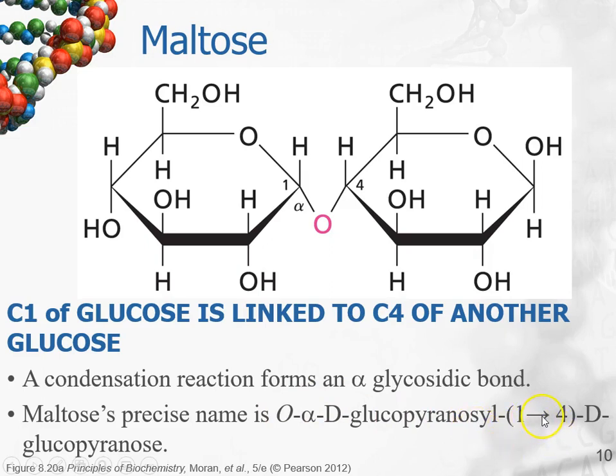And then I draw an arrow, and there's a 4 because that's carbon number 4 on the glucose on the right, and the glucose on the right is D-glucopyranose. So maltose is the common name, but this is the name that we would use if we wanted to specify exactly the configurations of the glucoses and how they are linked together.